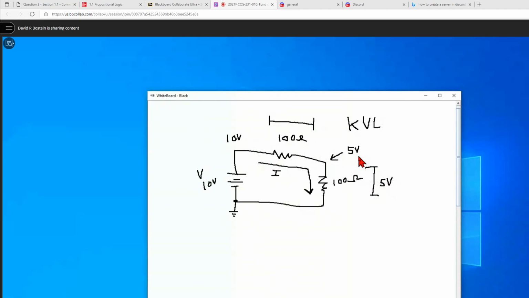Give me a green circle if you think it's 10 volts. Give me a red circle if you think it's not. Okay, give me a green circle if you think it's 7 volts.